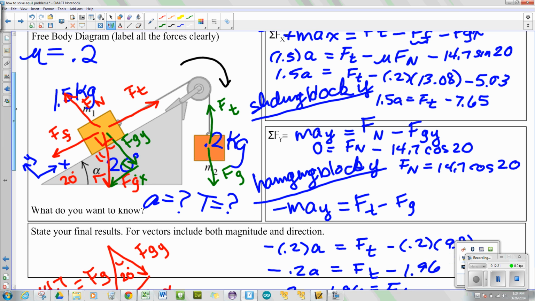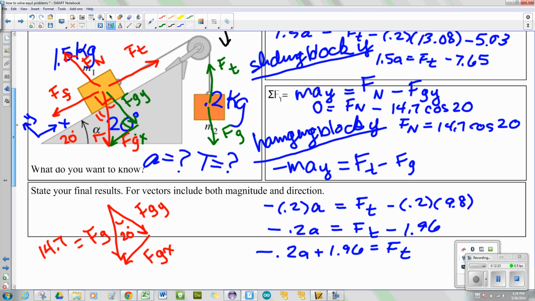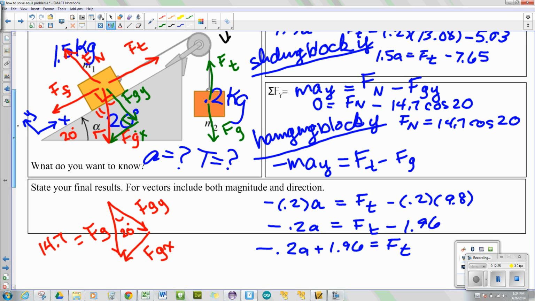I'm going to move it down to the bottom to do my math together. So I have, and I'm going to move this over to this side to solve it for t. So I end up with 1.5a plus 7.65 equals Ft.